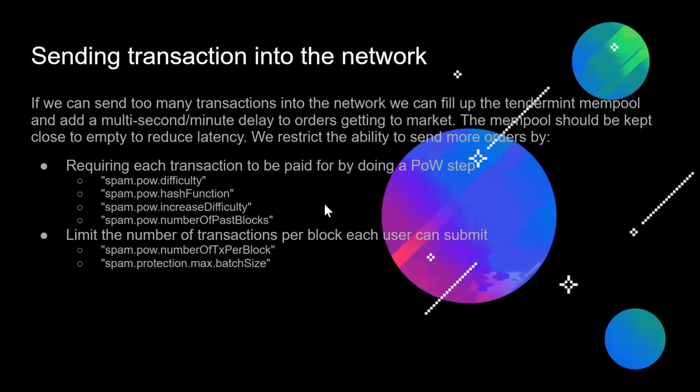And if you think an easy way of getting around this is just to put them into batches, you can to a certain amount, but then we have a batch size to prevent people from just putting 10,000 things into a batch. So we can limit the amount of orders they have in each batch that they send off. So combined, using all these spam options, it limits the amount of transactions a single client can send into the network at once.